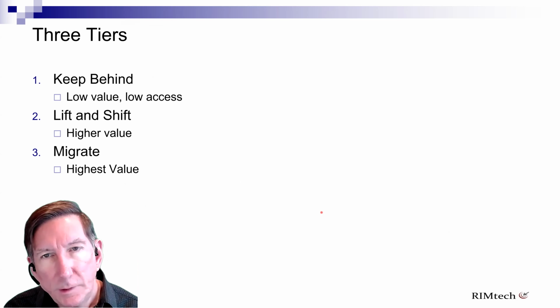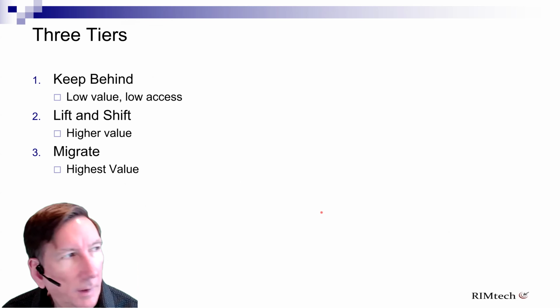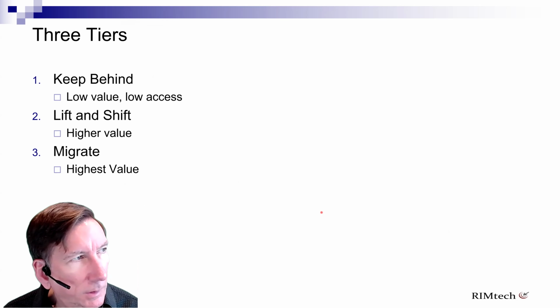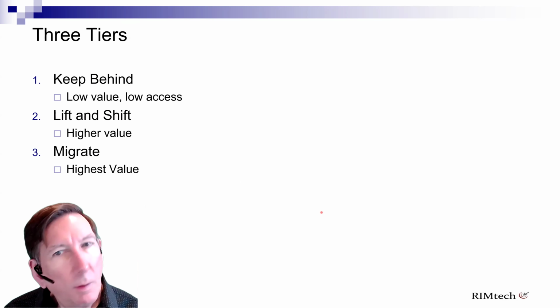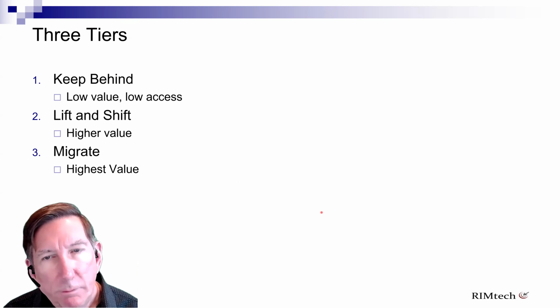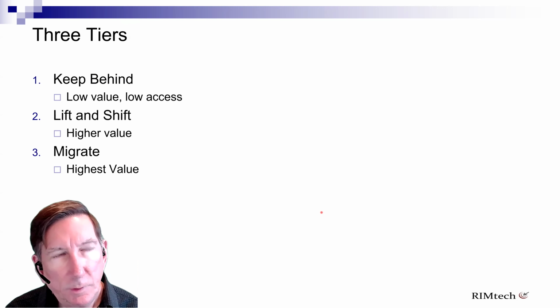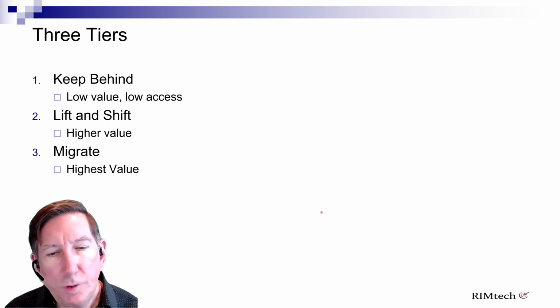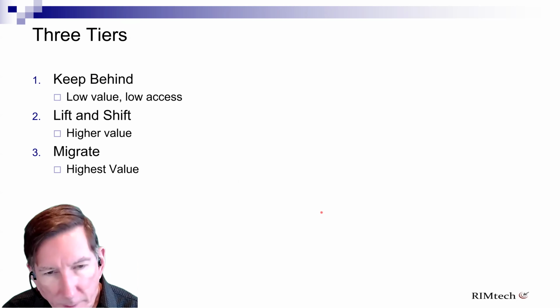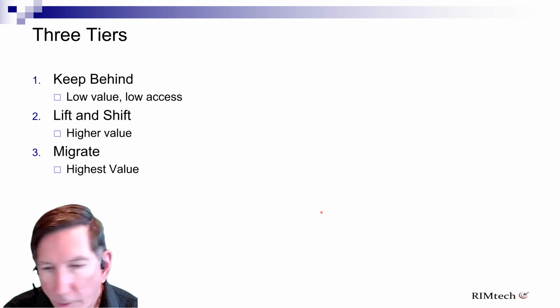Then there's the second tier, which is lift and shift, which is we're going to take a whole whack of data and we're going to stick it on SharePoint, but we're not going to migrate it. Migrate means move it into its permanent resting place. Lift and shift says just dump it in there. Forget metadata. We're going to do no work on it.